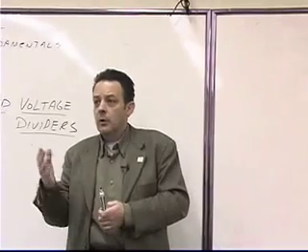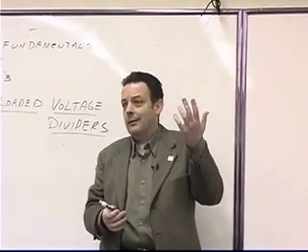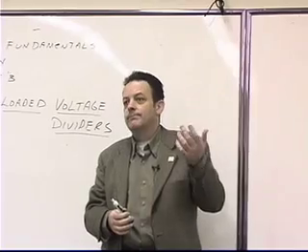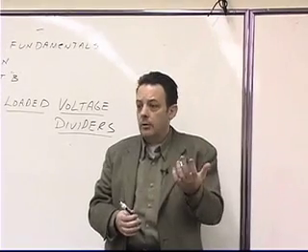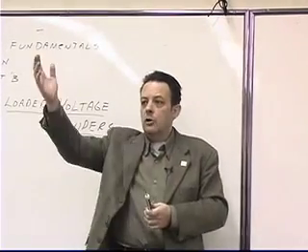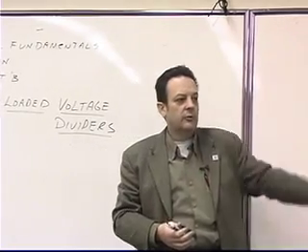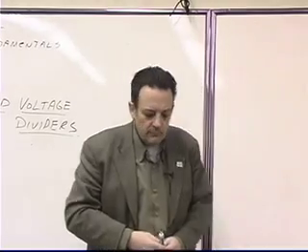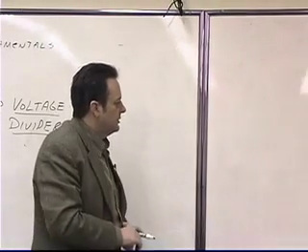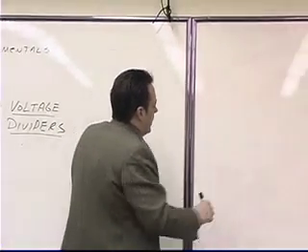Okay? But then realize that you can buy a $12 calculator that'll do everything the chart will do and everything that memorizing all that information will do for you. Okay? All right. So that pretty much does it for resistors.